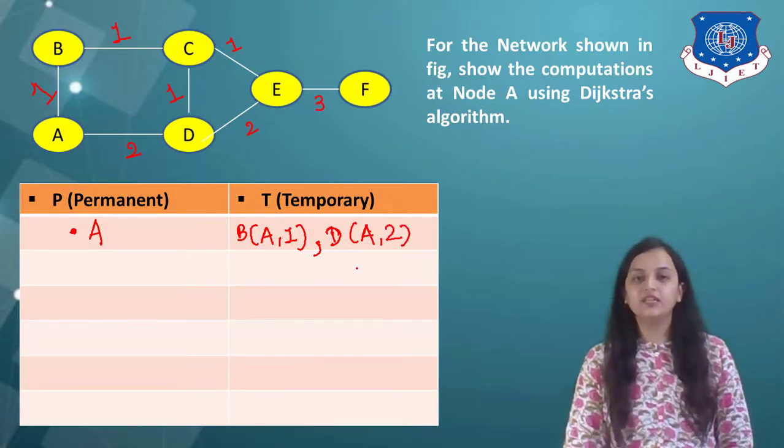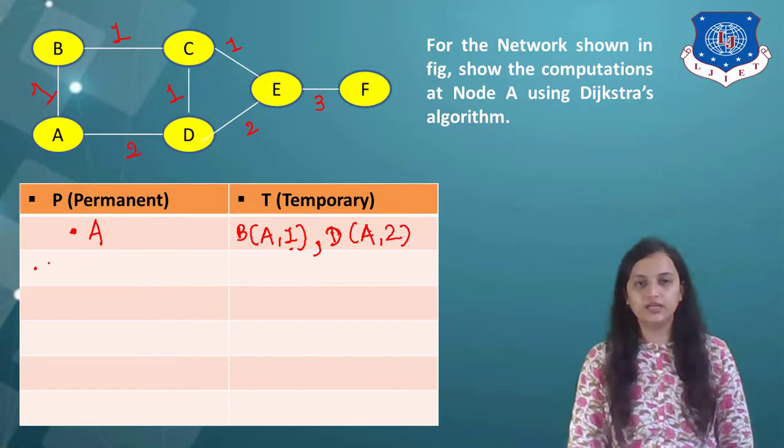Now, when we have these temporary nodes, you need to shift these values to the permanent side by selecting the smallest value. The target is to move all the nodes to the permanent side. Once they all reach the permanent side, we have to stop this procedure. From these two values, the smallest value is 1, so we have to shift it to the permanent side.